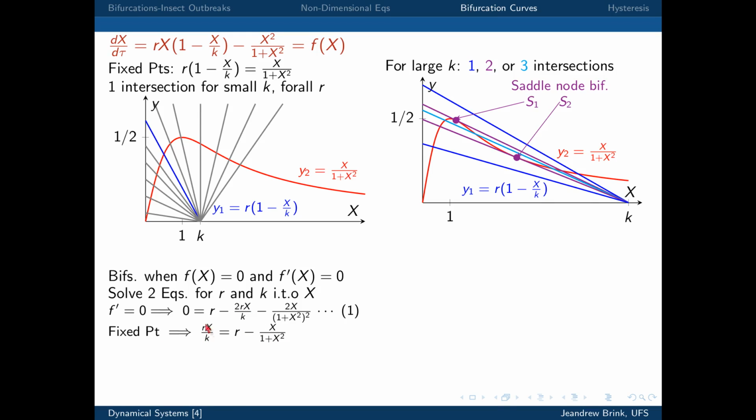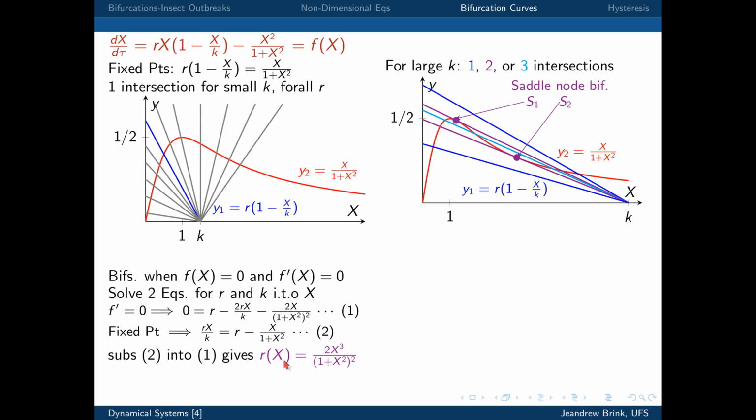Okay, so we're now going to put this into there, and what we're then going to get is that r of x is equal to 3x cubed over (1 plus x squared) squared. So we've basically gotten r parameterized by x out of these two equations.